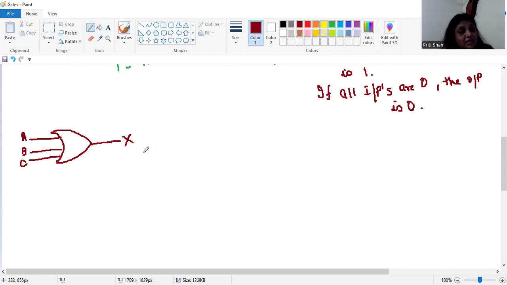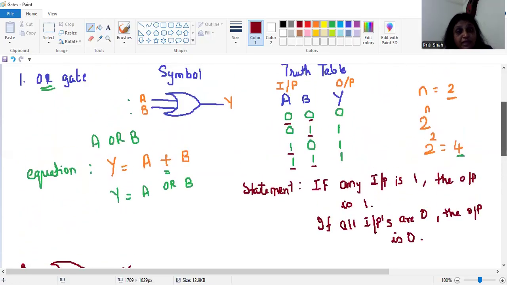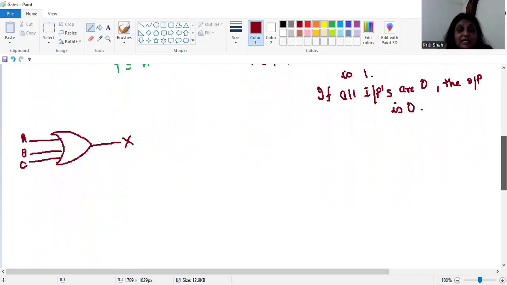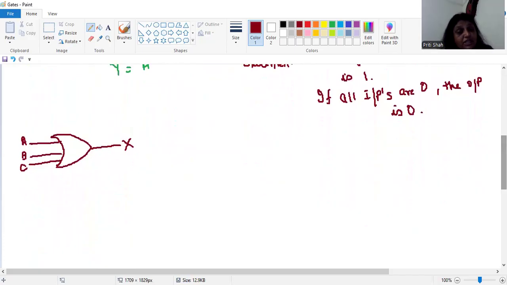Now, as you can see, every logic gate can have 1 or more than 1 input. But you have just 1 output. Over here also you can see it can have only 1 output. So there can be more than 1 input, but the output is always 1. Now, what about the combinations?